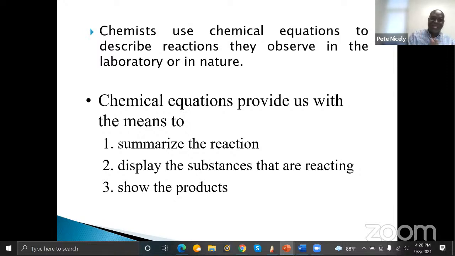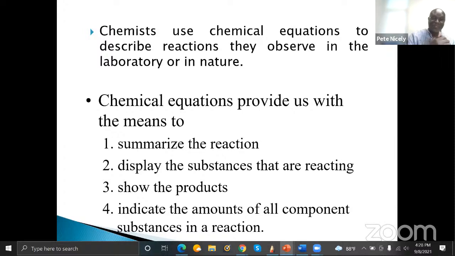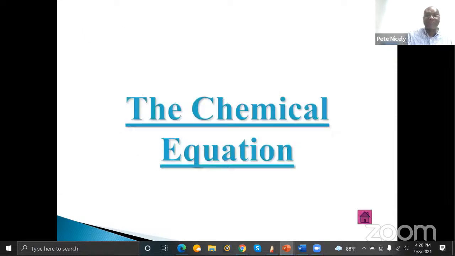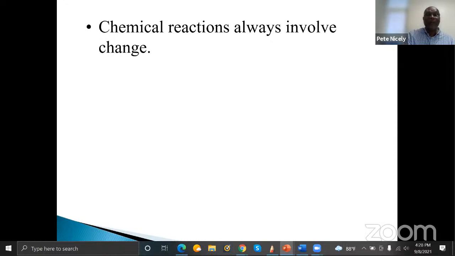It gives you the kind of information that we just stated. Another important thing, which we'll talk about a whole lot in subsequent chapters, is that a properly written equation will indicate the relative amounts of everything that is involved, reactants and products, in a chemical reaction.